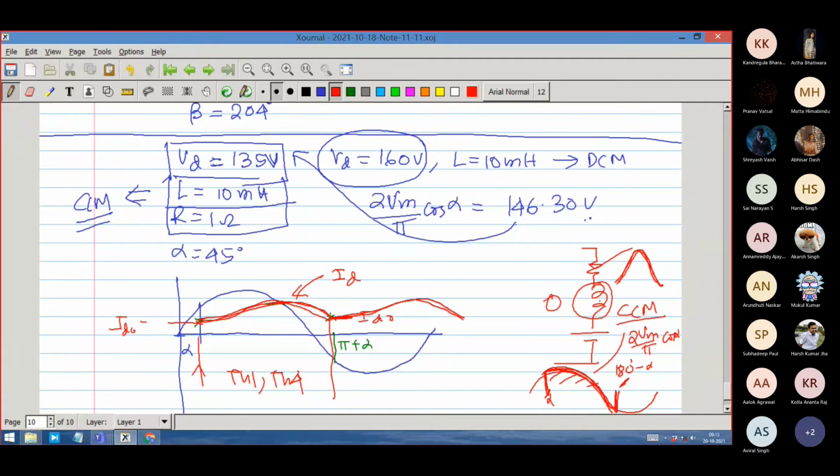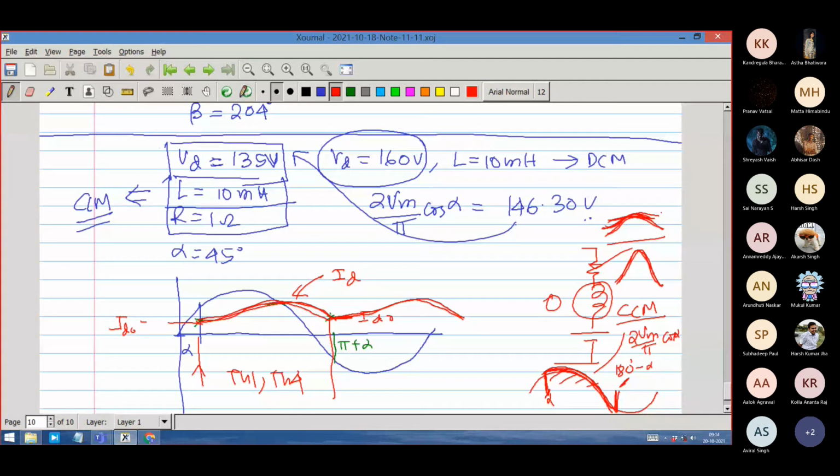If the inductor value is sufficient, the current shape changes and stays above 0, because the inductor keeps flattening it. The more inductor you give, the more flattening.